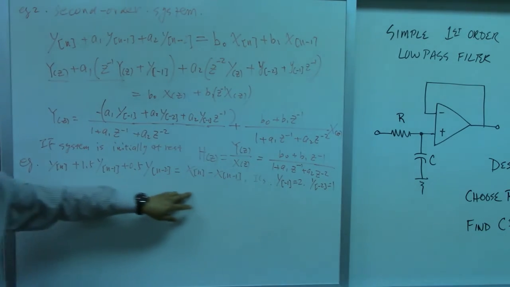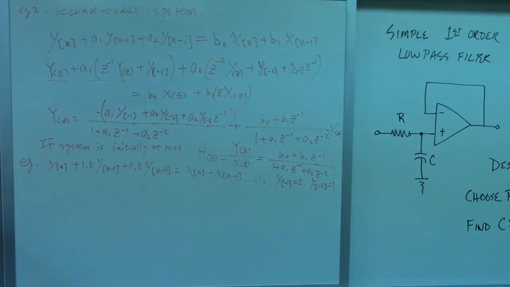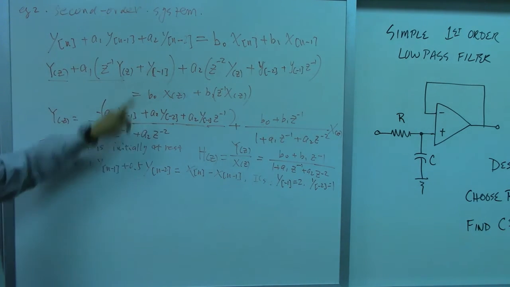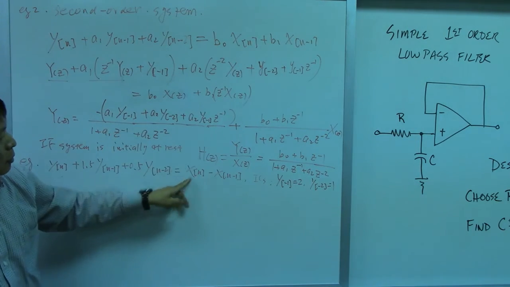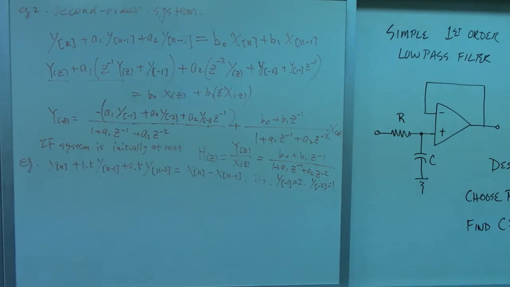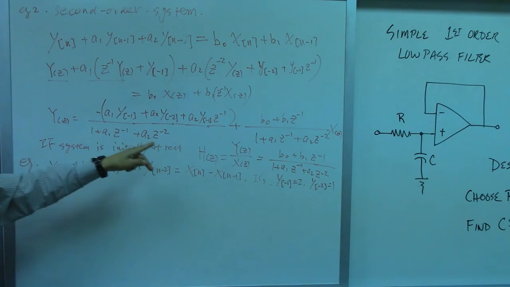The difference equation is here, initial conditions are here. What I want is to try to find the output. That's nice and simple. A1 equals 1.5. What is A2? A2 equals 0.5, and B0 equals 1, B1 equals -1. And all these initial conditions. So you definitely can just plug into here.